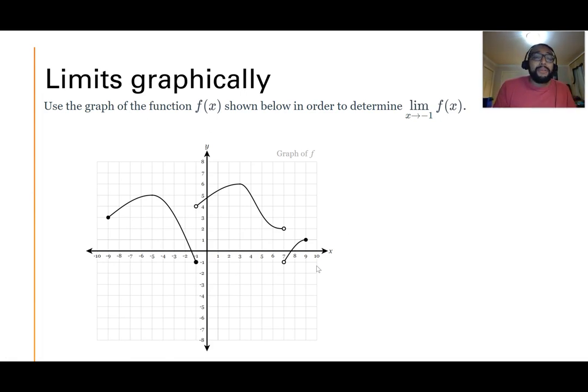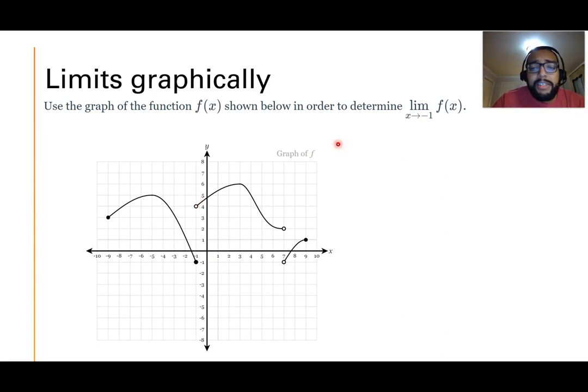With that being said, let's look at this next one. The limit as x approaches negative 1 of f of x. x equals negative 1 is right here. Try the left-hand side, try the right-hand side, and see if they match up. The left-hand side is this part right here. As we approach negative 1, it looks like our output is approaching negative 1. What about the right-hand side? As this starts to approach negative 1, our output is approaching 4.